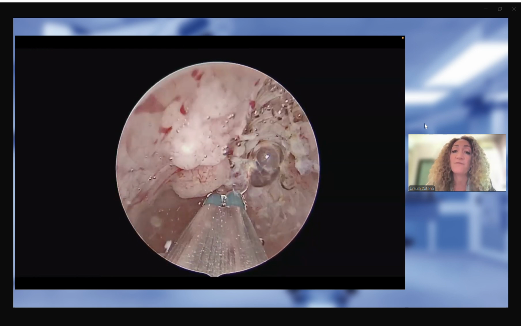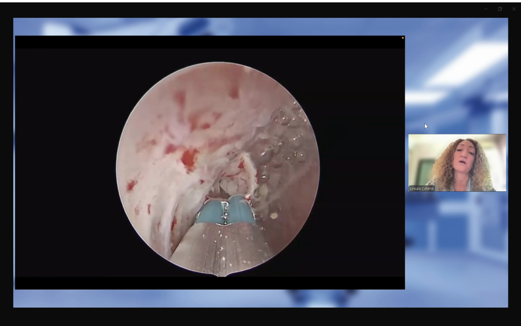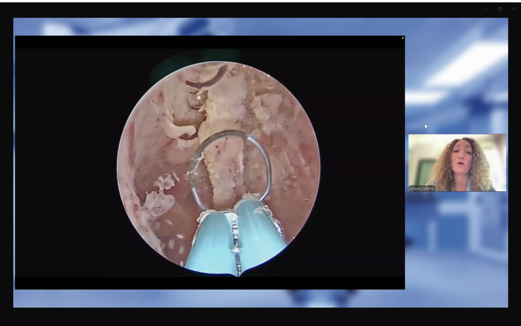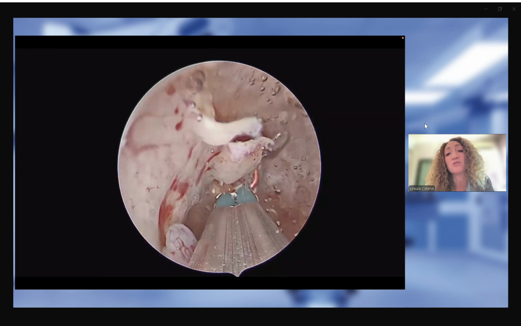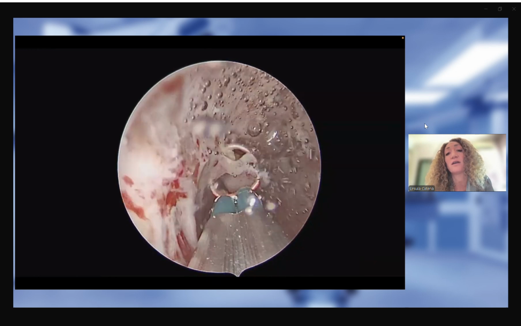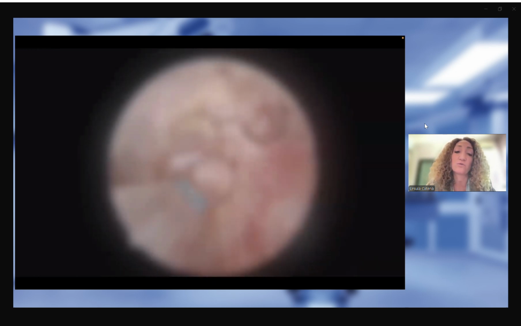So if we use too strong an instrument inside the uterine cavity, we can damage the uterus of our patients irreversibly.